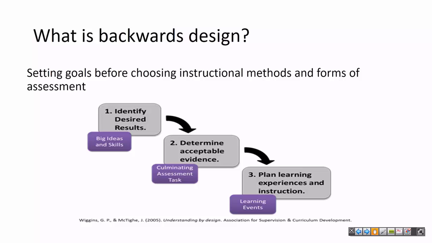And then 3, this is the lesson. The lesson comes last. After you've fully understood your goals, your broad goals, your objectives, which are more specific, and then how you're going to test them, that tells you how you need to teach them. Because by considering all this alignment, everything should be in harmony.